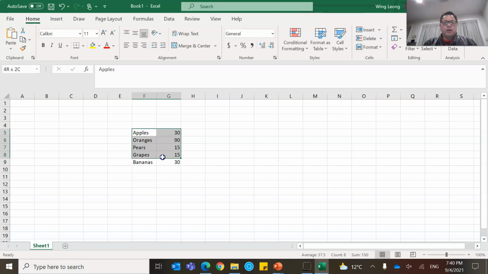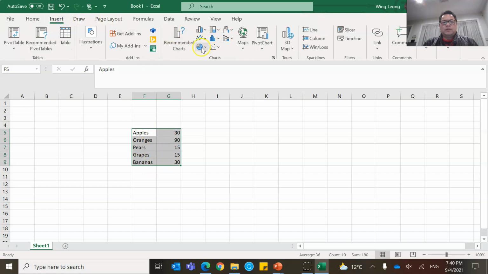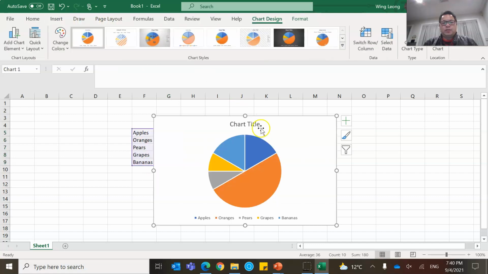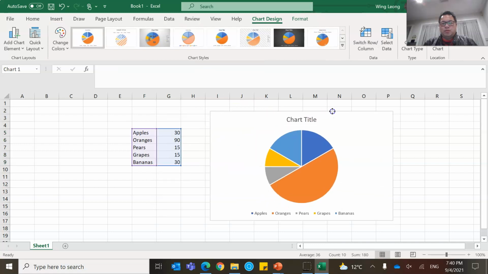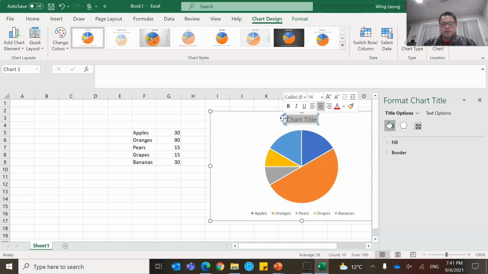And then from here, to get the pie chart, select all the information that you need. Go to Insert, Pie Chart, 2-dimension. So that's not all. You still need to give a heading. Okay, the heading is favorite fruits of Navigate students.